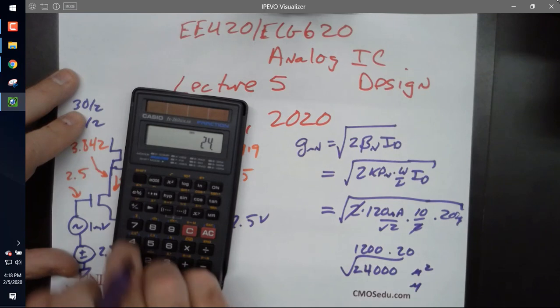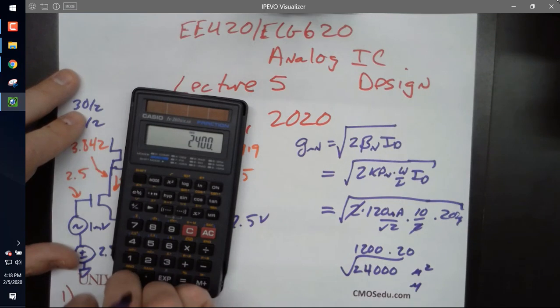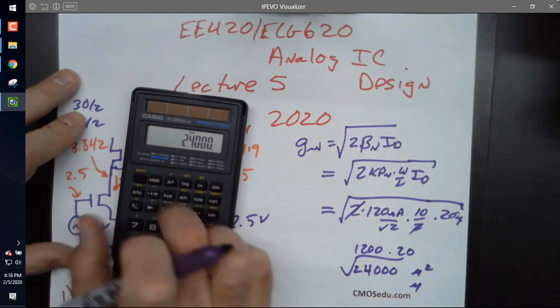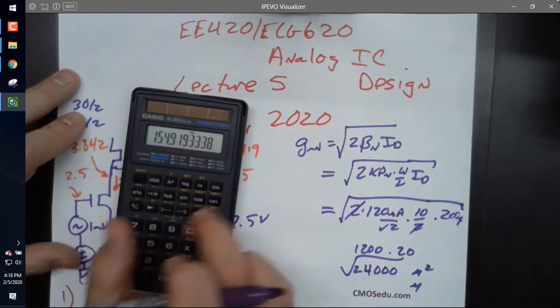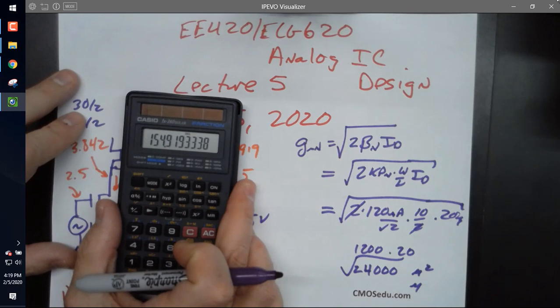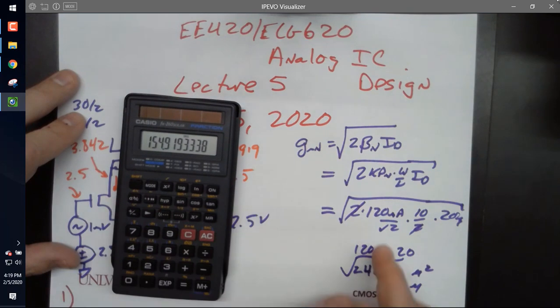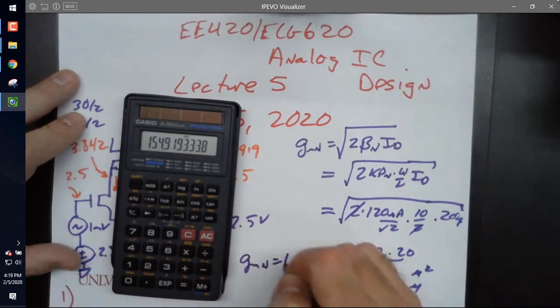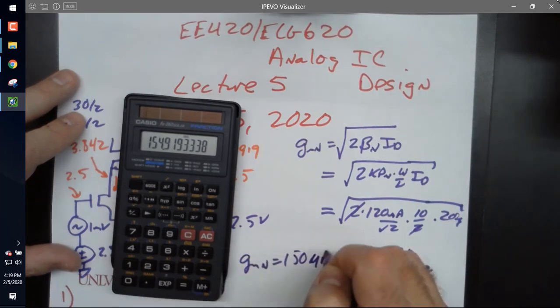So 24000, shift square root, 154. I've got the volts squared here. 154.9 microamps. So GMN equals roughly 150 microamps per volt.